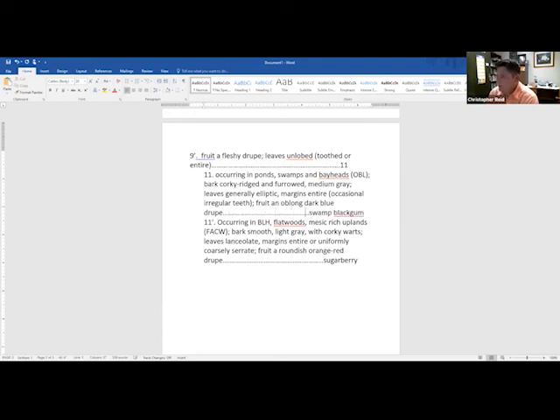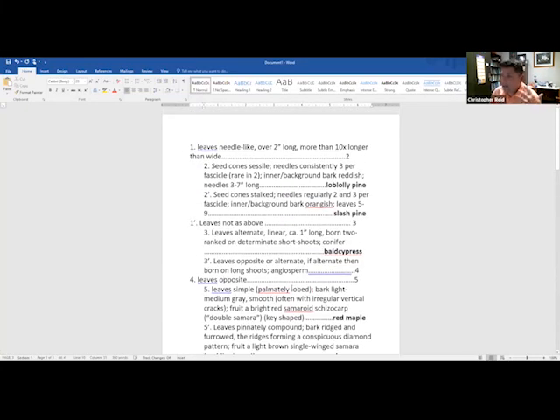So to wrap things up, the character matrix is not something that you always have to do. It's helpful for organizing information, especially when you input it in Excel and can do some sorting, and it helps you brainstorm. When it comes to writing a key, the big thing to remember is to make sure your leads actually oppose each other.